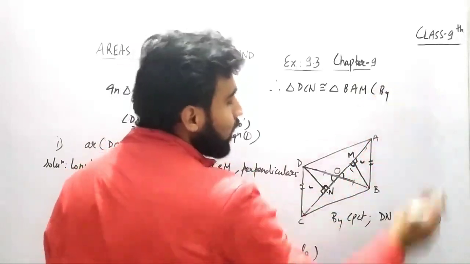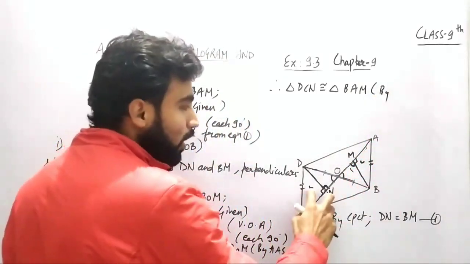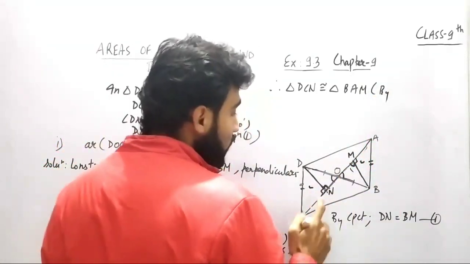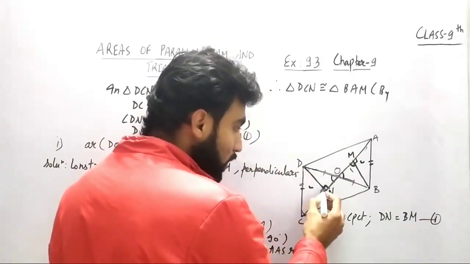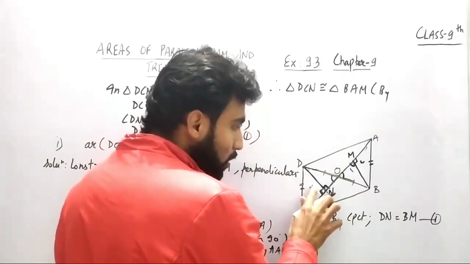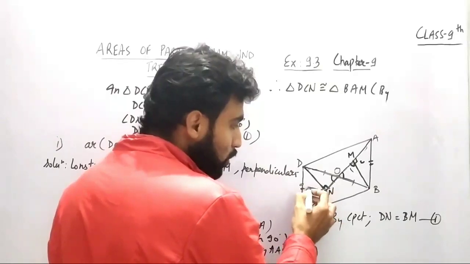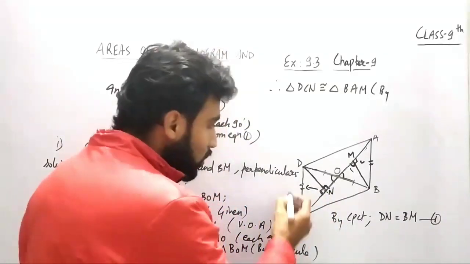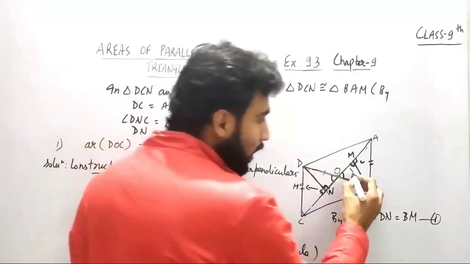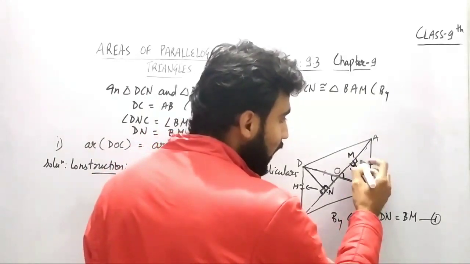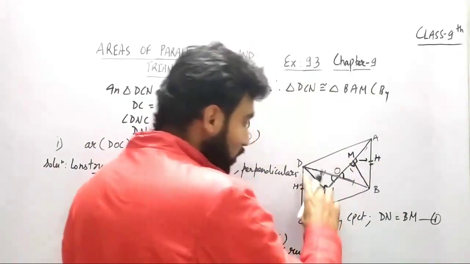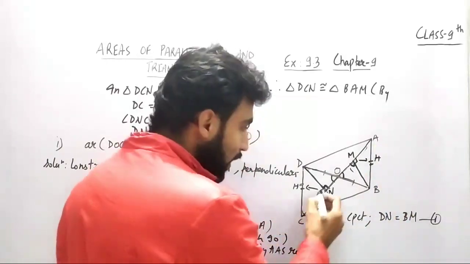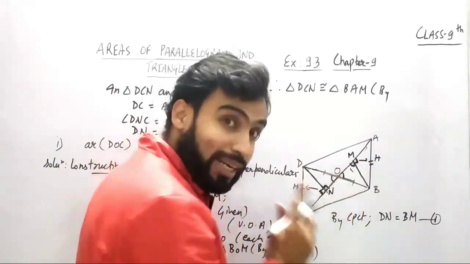Now the most important thing is the congruency rule. So which congruency rule will apply here? You can see this 90 degree angle is present here. That means इसके opposite वाली side क्या होगी? Hypotenuse, right? So this side is the hypotenuse. Again यहाँ पे आप देख सकते हैं ये वाला भी 90 degree का angle था, इसके opposite क्या है? Hypotenuse. So you can see एक तो hypotenuse है, एक 90 degree angle है, that means right angle.